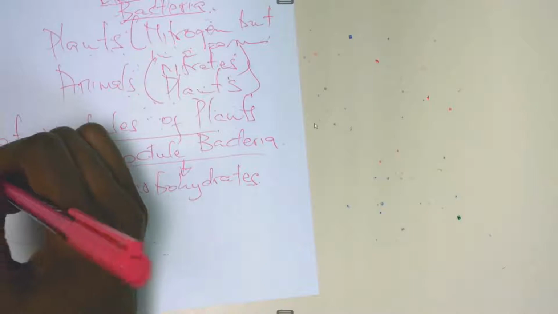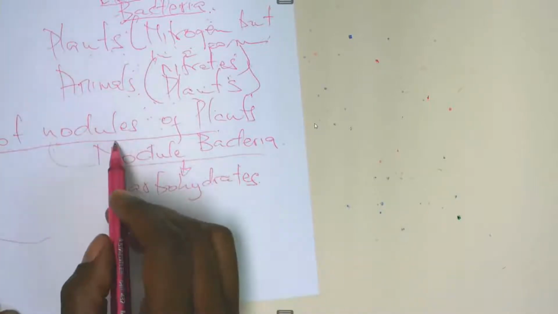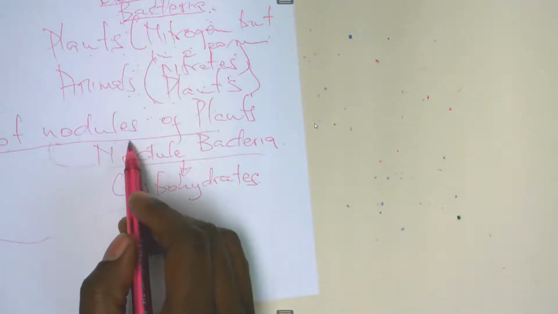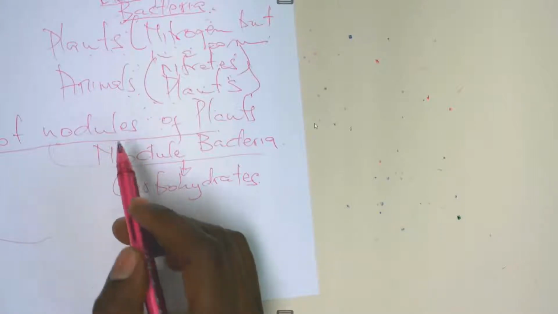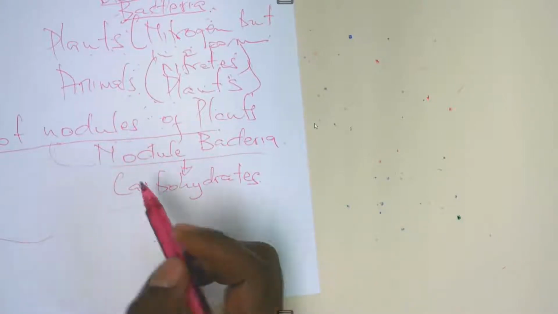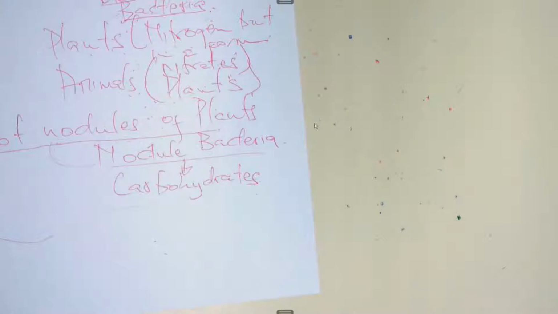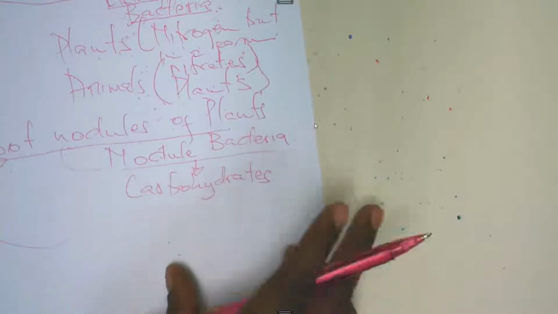We have mentioned that the bacteria is responsible for fixing the nitrogen into nitrates. So that is why we say that the type of relationship that takes place here is mutualism, where both organisms benefit. The bacteria benefits, and then again the plants also benefit.